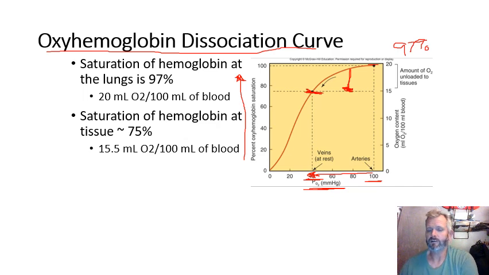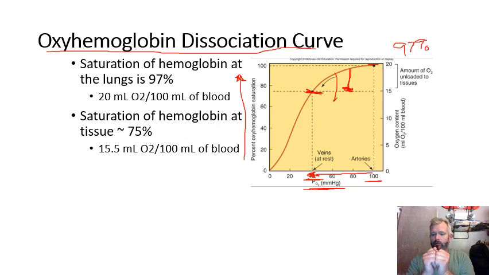There are factors that will make hemoglobin bind to oxygen more, and therefore it will be more resistant to unloading. And there will be factors in the blood that can change and make it so that there will actually be more unloading.